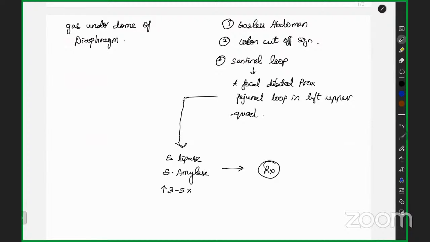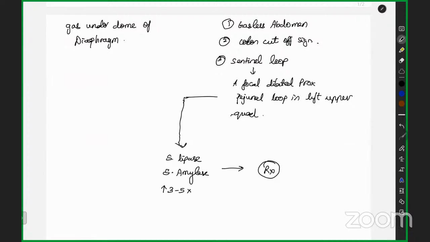Next, what will be your next step? When the serum lipase and serum amylase levels are raised more than 3 to 5 times, will you go for another investigation, or will you start the treatment?